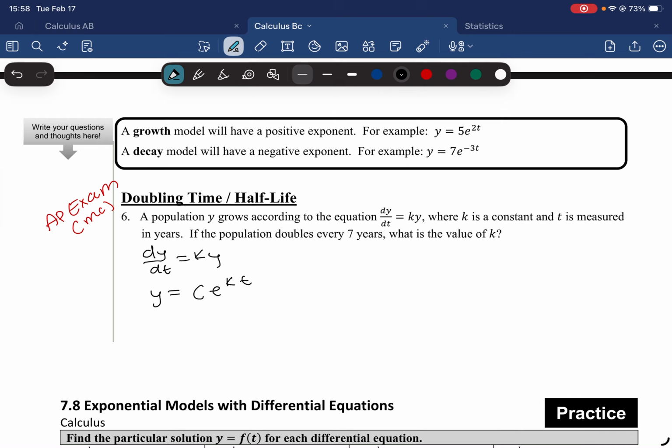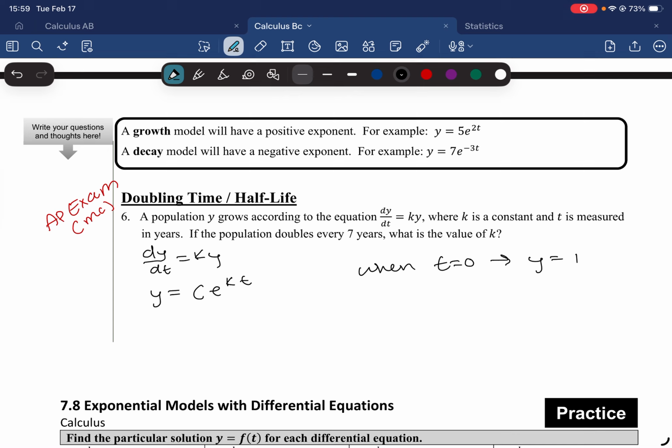Okay. And for here, we also need to know that if we are finding that initial condition value, that constant, if we talk about the beginning of time, so when t is equal to 0 years, we could say when t is equal to 0, this implies our y value has to be equal to 1.